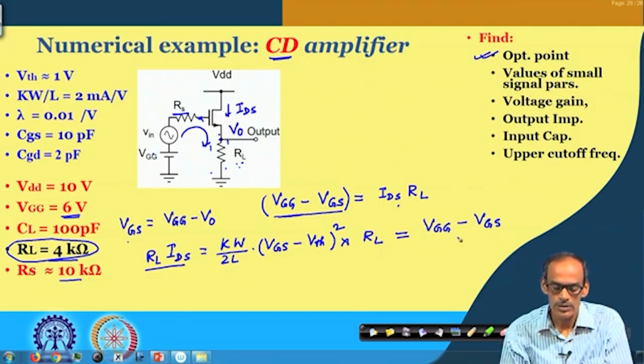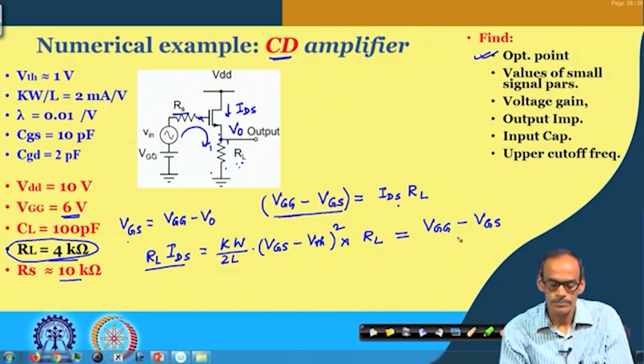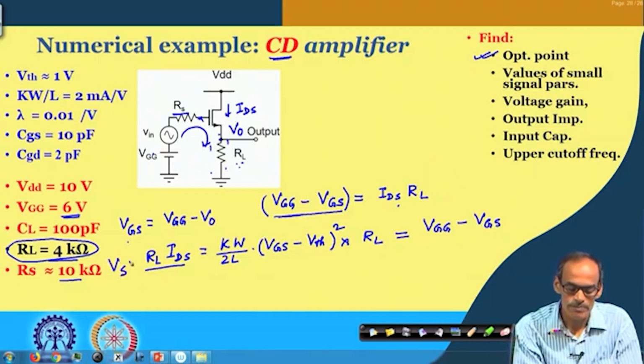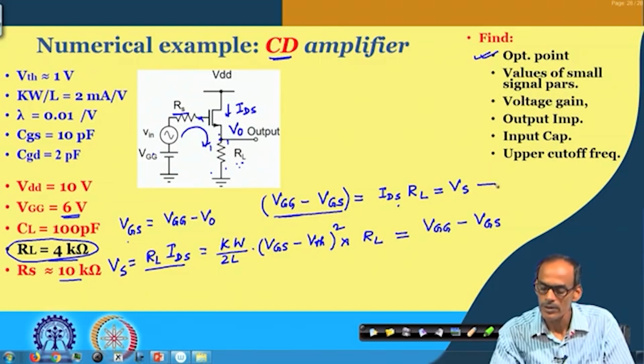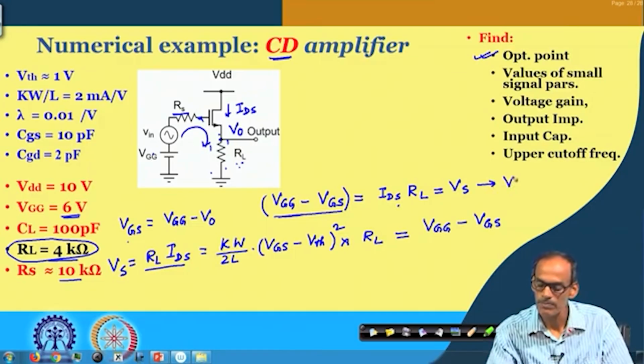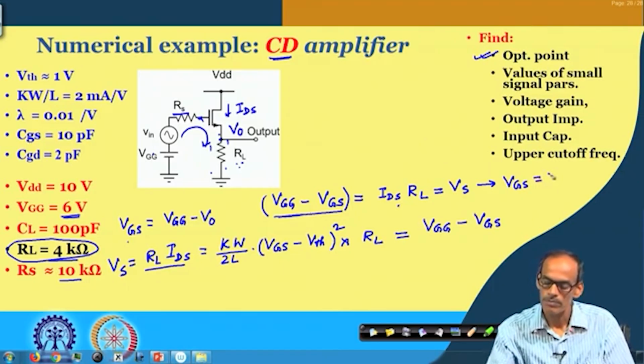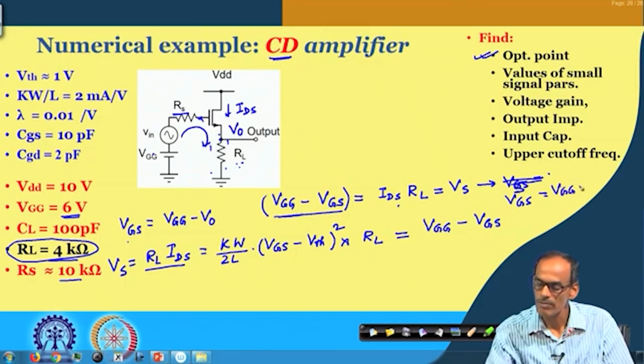Maybe we can try to write this in terms of V s. So V g s equals V g g minus V s.